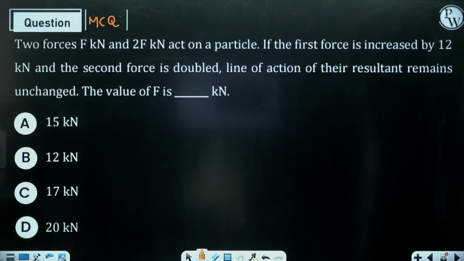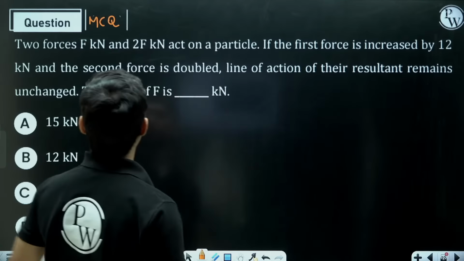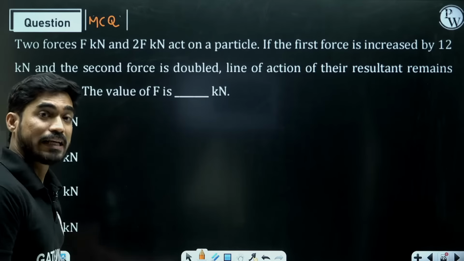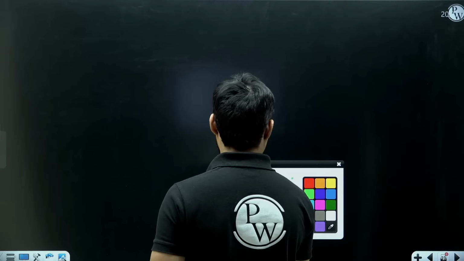Okay, understand what they are saying. We have two forces F and 2F. They are acting on a particle. First force means F is increased by 12 kilonewton and second force means 2F is doubled, but the line of action remains same. Let me show you by diagram what they are saying.